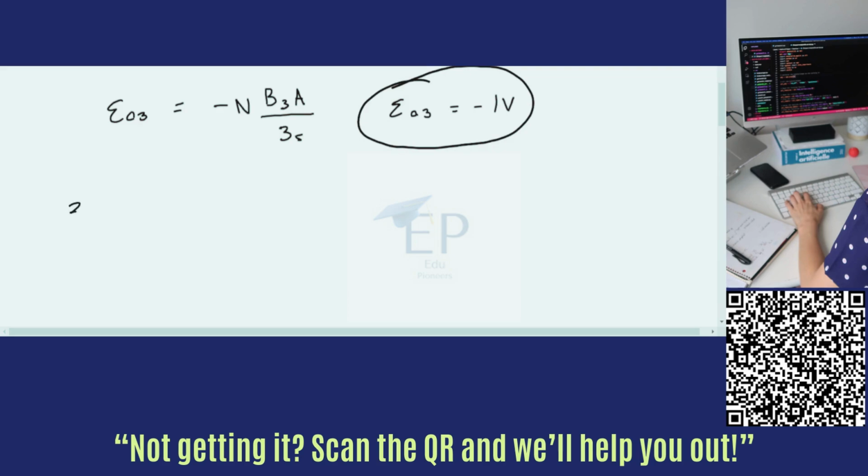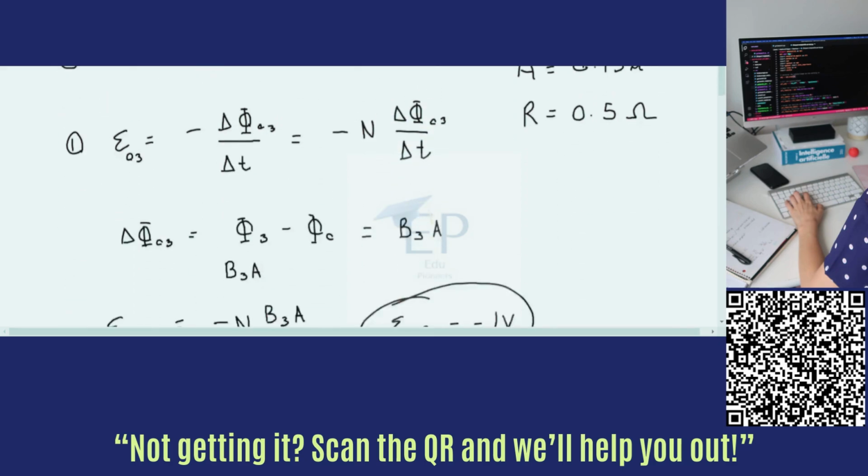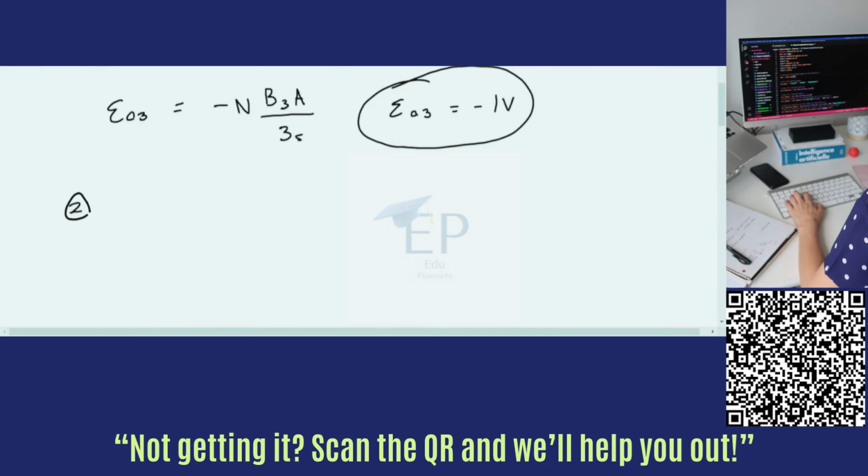Now for the second EMF, for this one, we can see that the magnetic field stays the same during the entire period. So since there's no change in the magnetic field, there's also going to be no change in flux because we aren't changing the area or the angle or anything else like that. So if there's no change in flux, then the induced EMF is just 0.